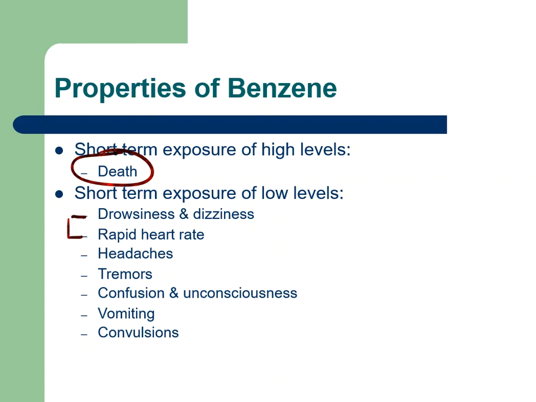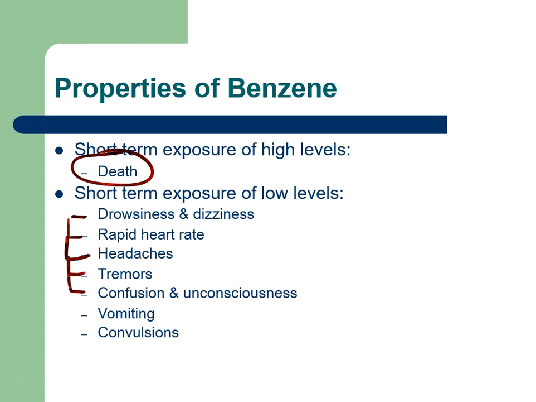Okay, well, that's due to something else. So benzene does relate to rapid heart rate as well. Headaches. Okay, well, you probably get headaches when you try to do the online assignments and try to watch all of these videos in one sitting, and you're going to give yourself a headache because of it. But benzene will also cause it as well.